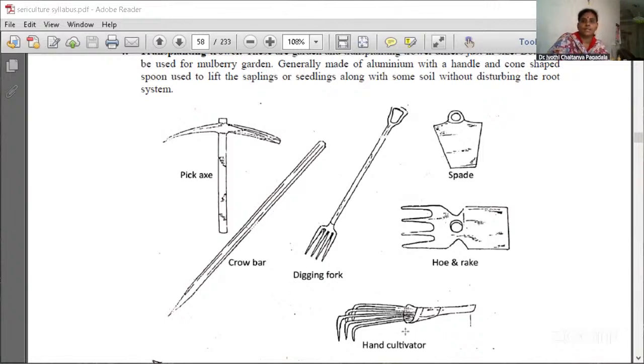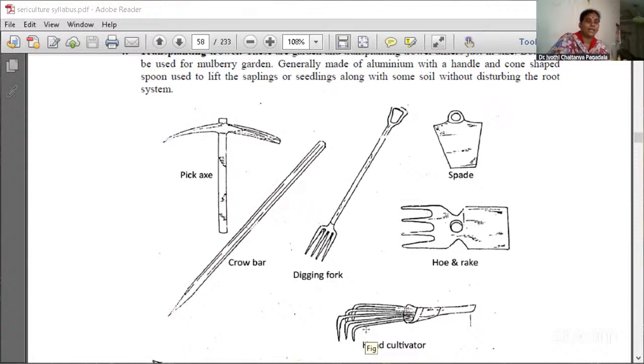And the next one is the cultivator. Here you can see the hand cultivator. It looks like a hand with fingers. It is used for loosening the soil during inner cultivation and uprooting grass and other weeds.